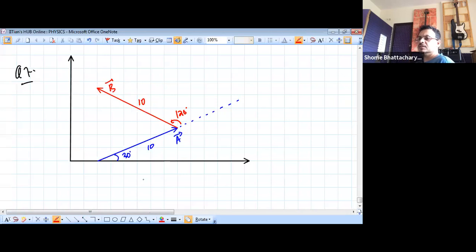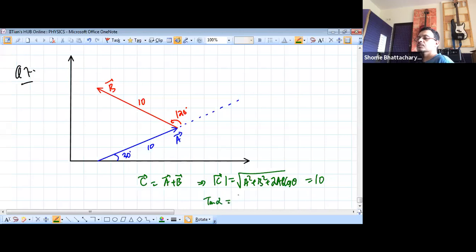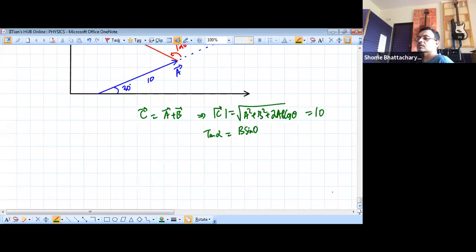So now my vector C is supposed to be the resultant of E plus B. There are two things we know about the resultant. One is that the magnitude will become this. When you substitute these values here, this will become 10. The other thing is that tan alpha will be B sin theta upon A plus B cos theta.